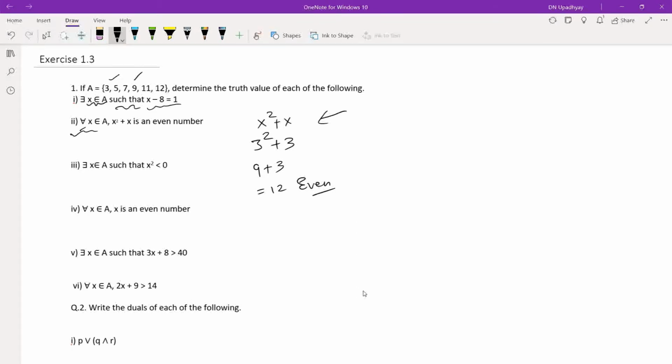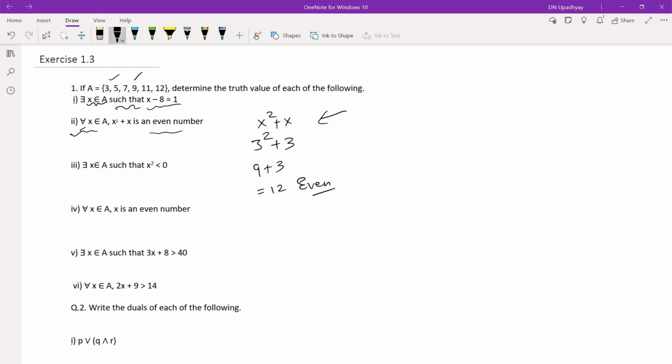So yes, it will be true. Suppose 5 square 25, 25 plus 5 is 30, 7 square 49, 49 plus 7 is 56, 9 square 81, 81 plus 9 is 90, 11 square 121 plus 11 is 132, and then 12 square 144 plus 12, that will be around 156. So all are even numbers, so this is true for all the elements.